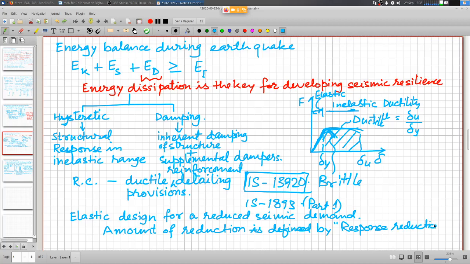Response, because the seismic response of your analytical model is the seismic demand that the earthquake puts on the structure, and that has to be provided for. Seismic response reduction factor, often denoted by the factor R.